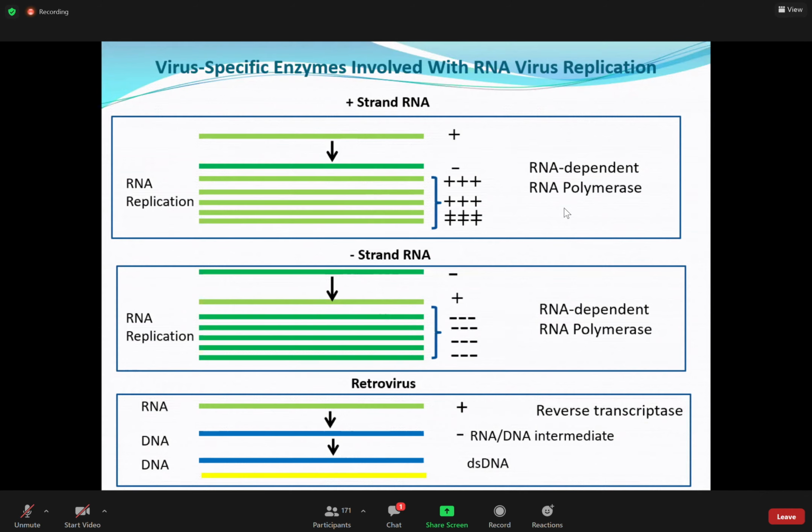They need a pre-made functional RNA polymerase enzyme carried with them, such that when they infect a cell, these enzymes can create a plus strand complementary strand to the viral genome, from which it can read off more minus strand genomes.